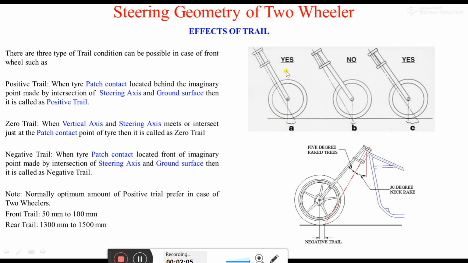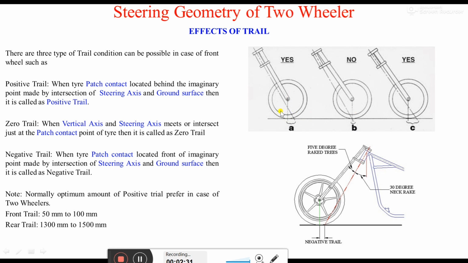Okay, listen carefully. We can remember it in this manner also. Whenever the ground trail of the front wheel lies in front of the intersection point of the vertical axis with the ground, at that time it is called a positive trail.